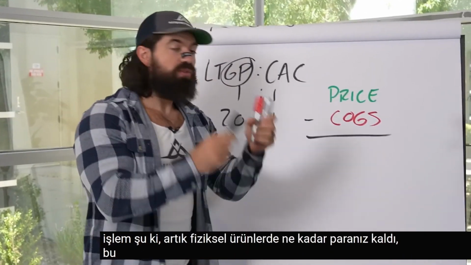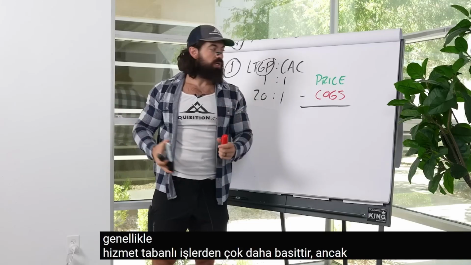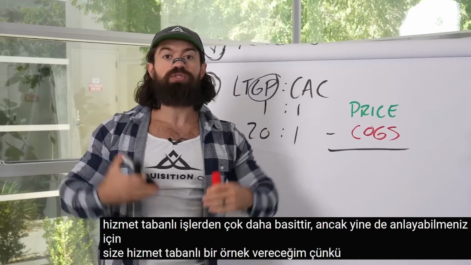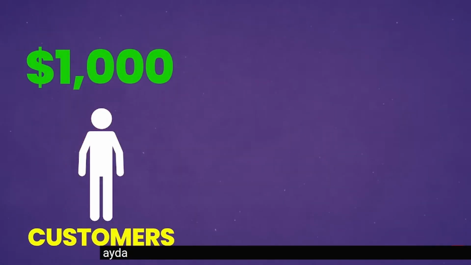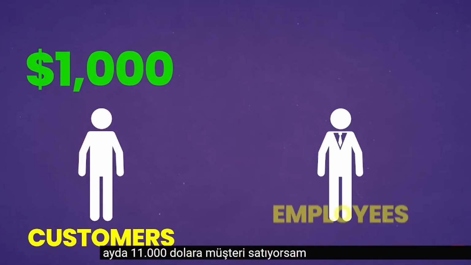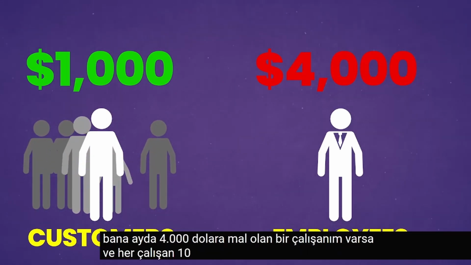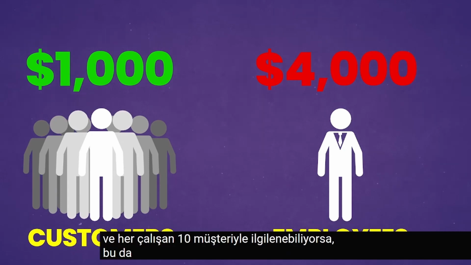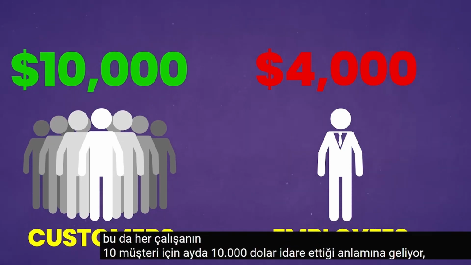Now, with physical products, it's typically much simpler than with service-based businesses. But I'm going to give you a service-based example so you can still understand it, because you need to. If I sell customers for $1,000 a month, and I have an employee who costs me $4,000 per month, and each employee can handle 10 customers. That means each employee handles $10,000 per month for 10 customers.